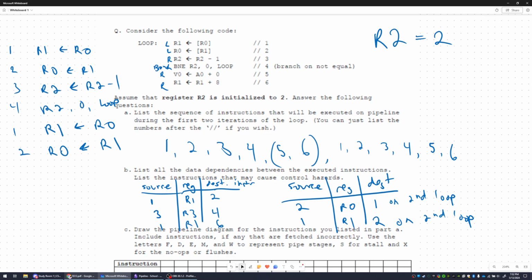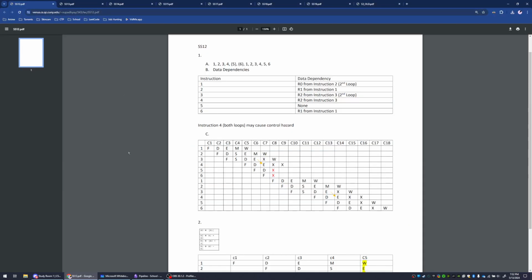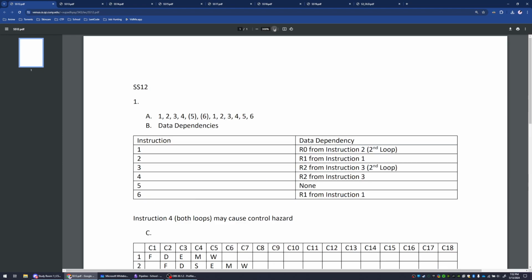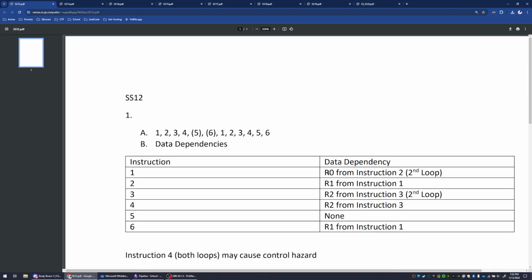Let's see if I did that right. So yeah, it's 1, 2, 3, 4, 5, 6. So part A is right.